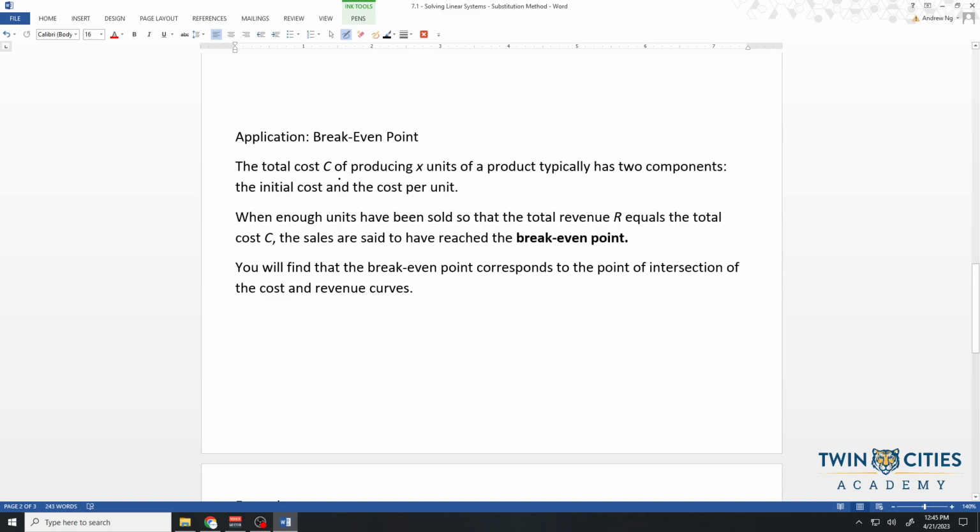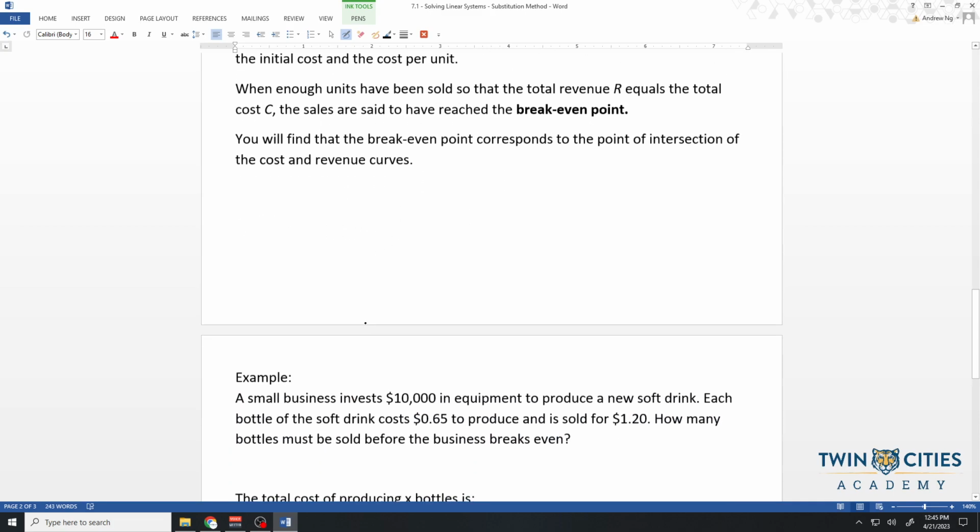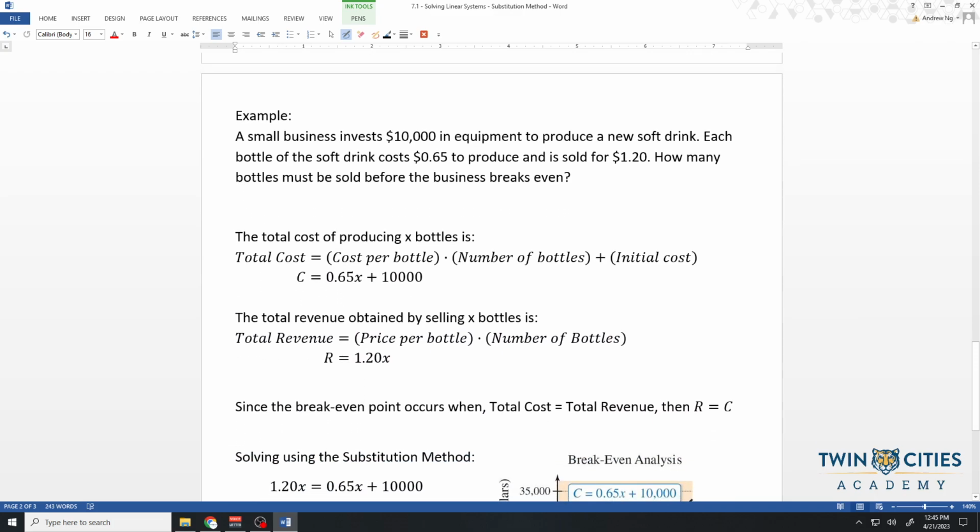Here it says the total cost C of producing X units of a product typically has two components, the initial cost and the cost per unit. When enough units have been sold so that the total revenue R equals the total cost C, the sales are said to have reached the break-even point. You will find that the break-even point corresponds to the point of intersection of the cost and revenue curves.